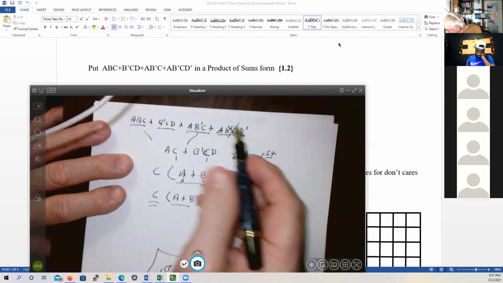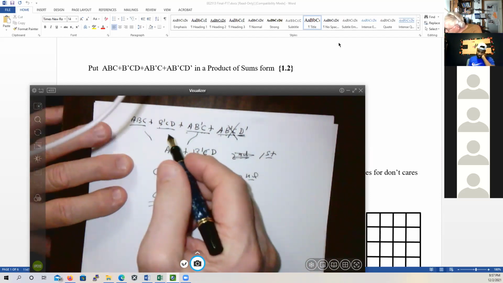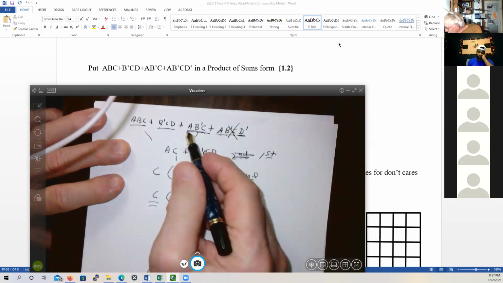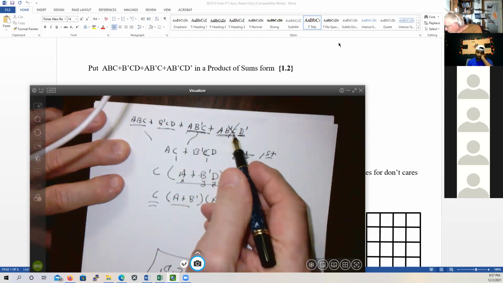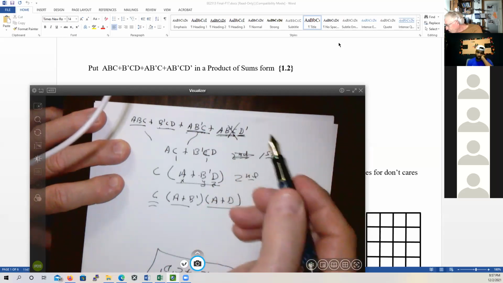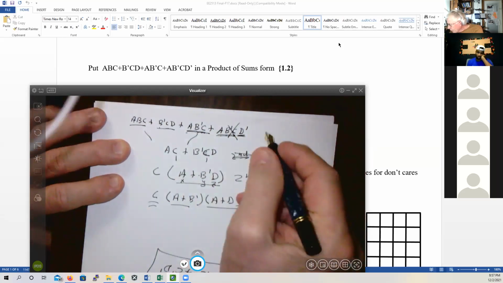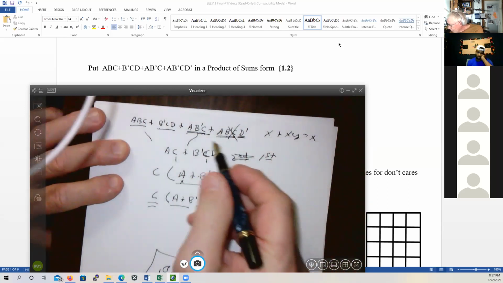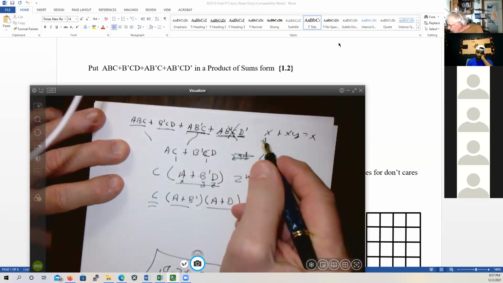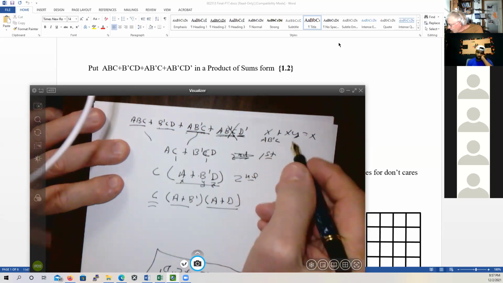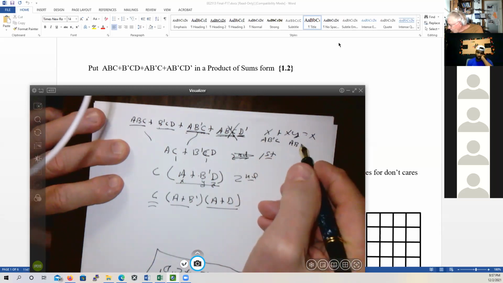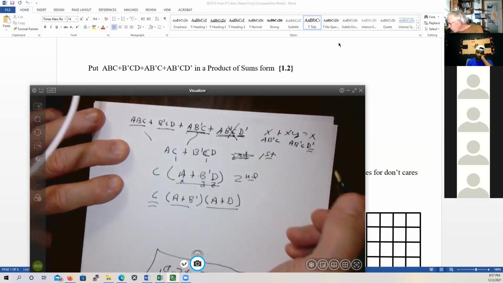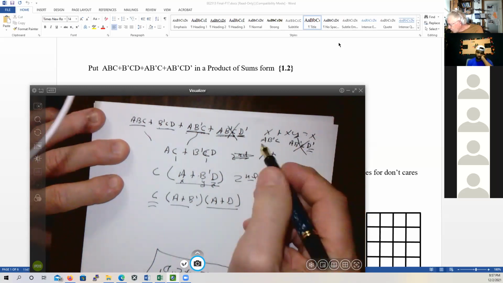I thought I had a D prime here, but I didn't. Okay, so that's a problem. But I do have, oh no, I had an A B prime C. I used A B prime C with A B prime C D prime, and the D prime doesn't matter because that's the same as X plus XY equals X. In this case, X equals A B prime C, and the XY equals A B prime C D prime, where the D prime is the Y. So we get rid of that term and we're just left with the X.